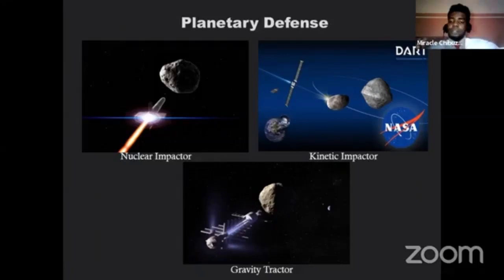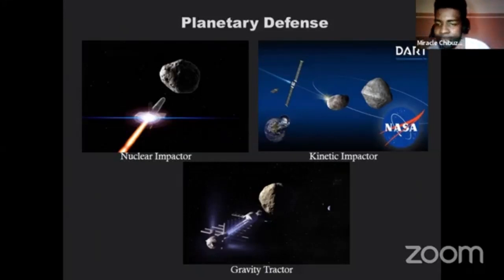So if an asteroid is about to hit Earth, and here is the kinetic impactor, maybe we can imagine we hit a spaceship on it. We want to slow it down, and when we slow it down, it decreases in orbit. So it changes. We want to change the orbit. We want to move it away from hitting Earth.